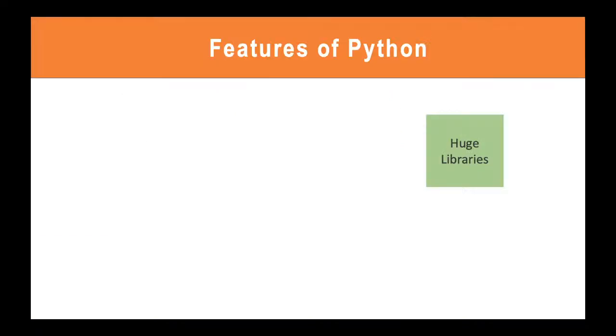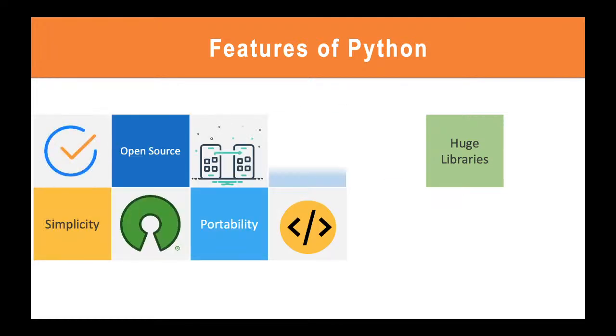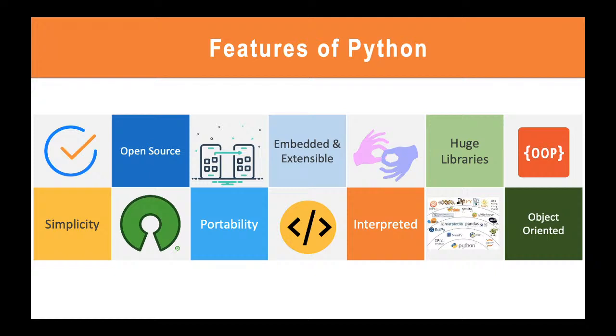Fine. So we'll see what the features of Python are, and we'll quickly put them down. The first feature of Python is simplicity, where we think less about the syntax of the language and focus more on the code, okay?